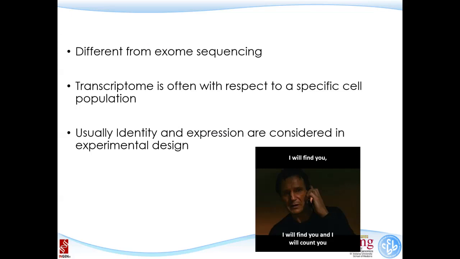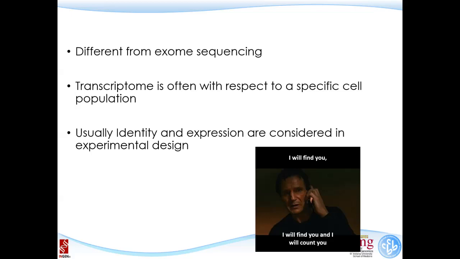Again, it's different from exome sequencing in that what we're trying to actually do here is reconstruct full transcripts, or at least understand how much of specific exons are in this data set. And I'd say another extremely important thing that often gets overlooked with transcriptome assembly is that it's generally with respect to a specific cell population.